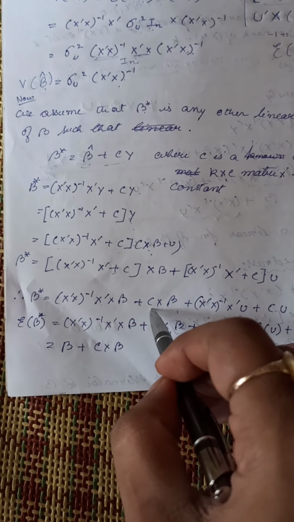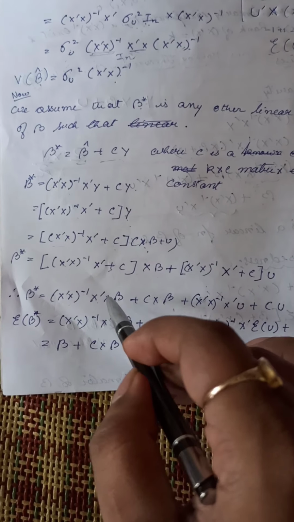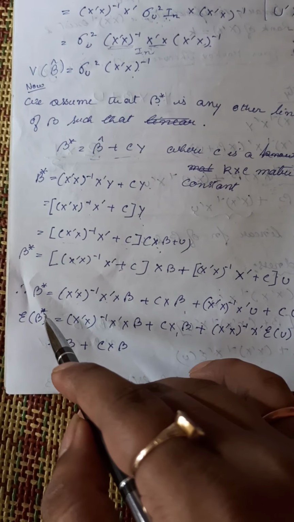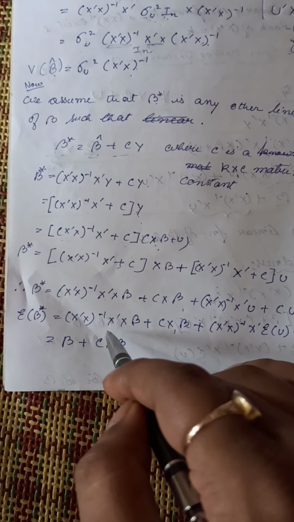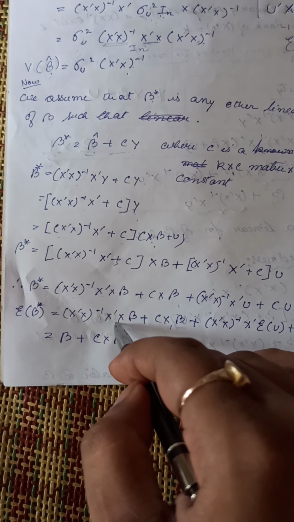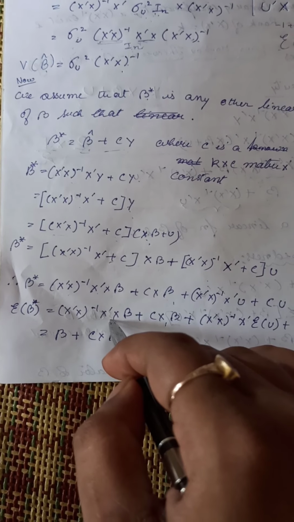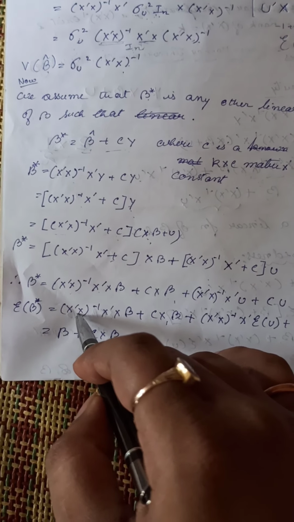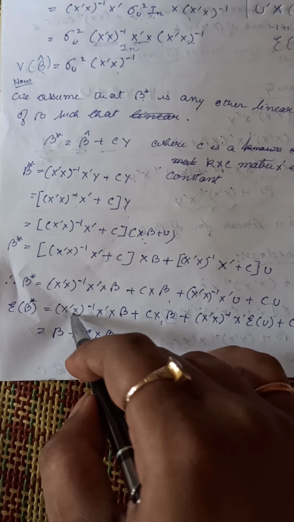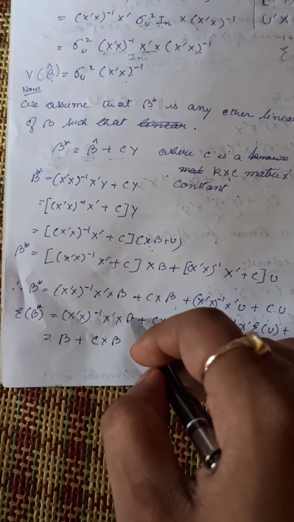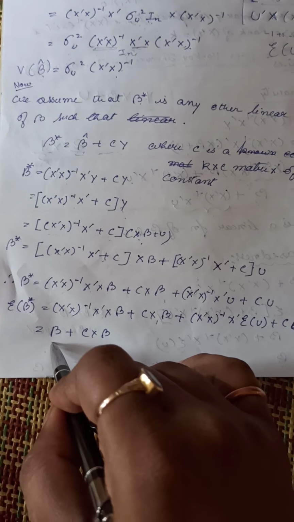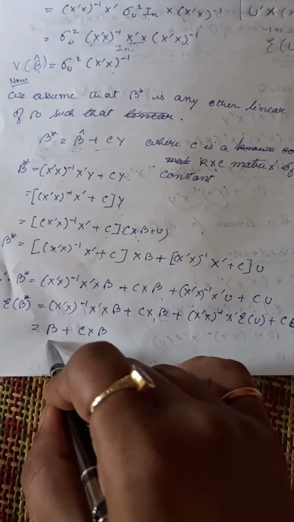In this step we will now take expectation on both sides. Before taking expectation I have skipped one step over here. This matrix x transpose into x matrix is being multiplied with its own inverse, so we are left with an identity matrix, and identity matrix into beta gives beta again, and expectation of beta gives beta again, because expectation of a constant is a constant.